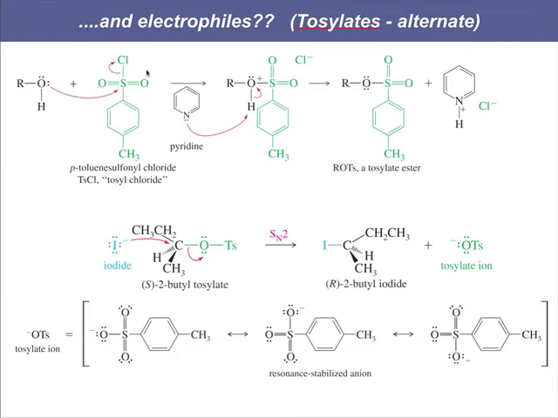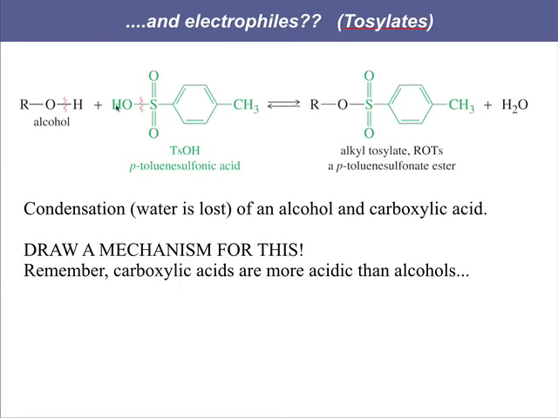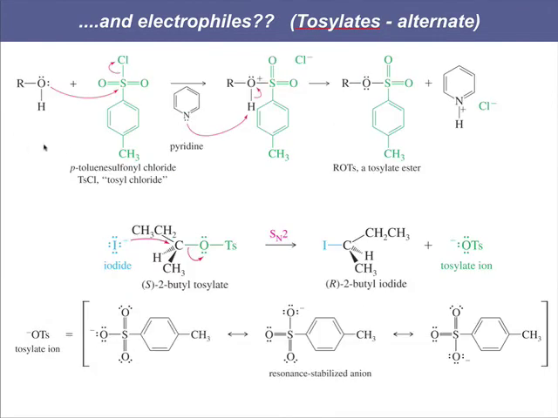So rather than making tosylates from paratoluene sulfonic acid here with the OH group, a lot of times what we'll use is paratoluene sulfonyl chloride, where instead of that OH group, we have a chloride here. This is a better electrophile. You need a good electrophile to react with a weak nucleophile like an alcohol.